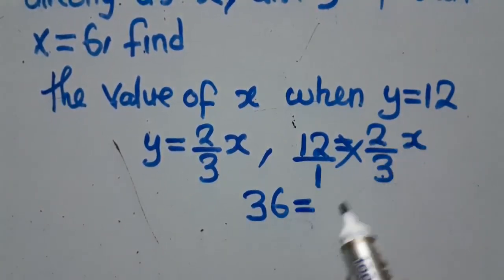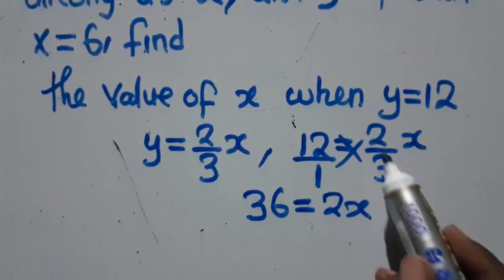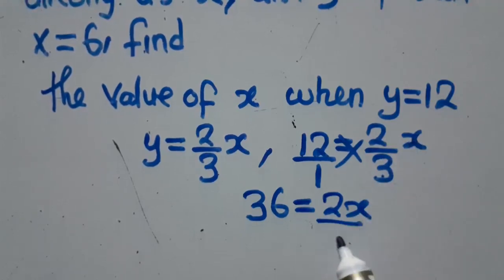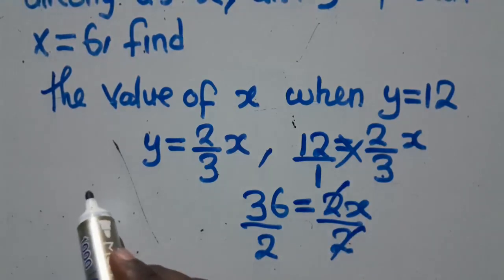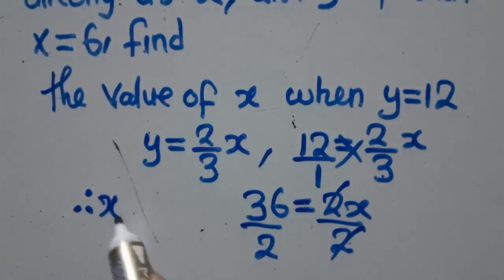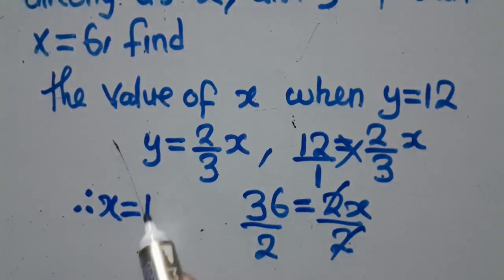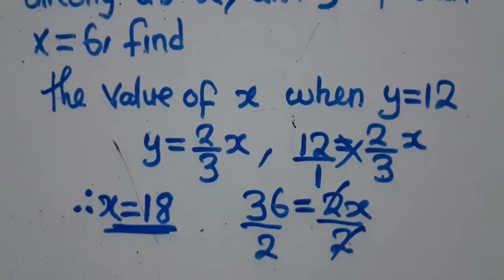Here you remain with 2 times x, 2x. Divide both sides by 2. The 2 and 2 cancel. Therefore, x is now equal to 36 divided by 2. Definitely you get 18. So this is your answer.